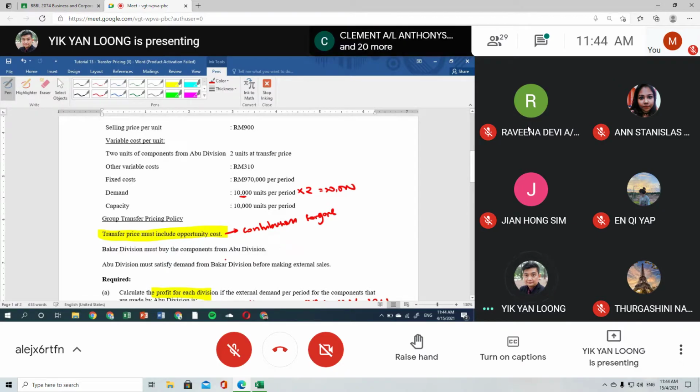Right? Now, then Baka division must buy the component from ABU. So Baka must buy from ABU. Right? It's a compulsory thing. Now, at the same time, right, ABU division must satisfy demand for Baka division before making external sales. So ABU have to sell to Baka before he can sell to external customer.